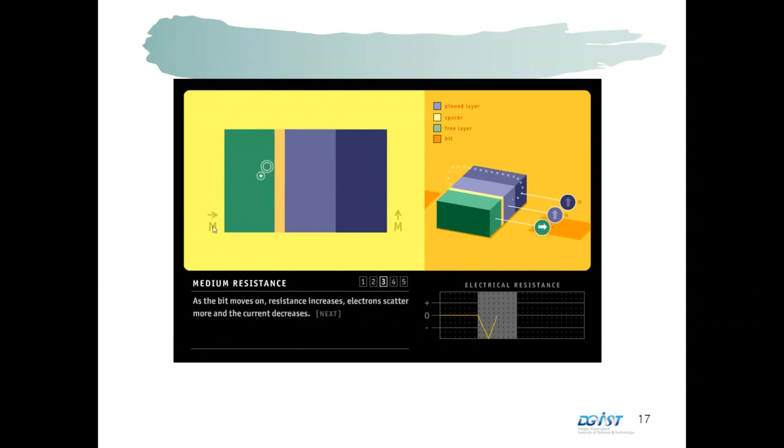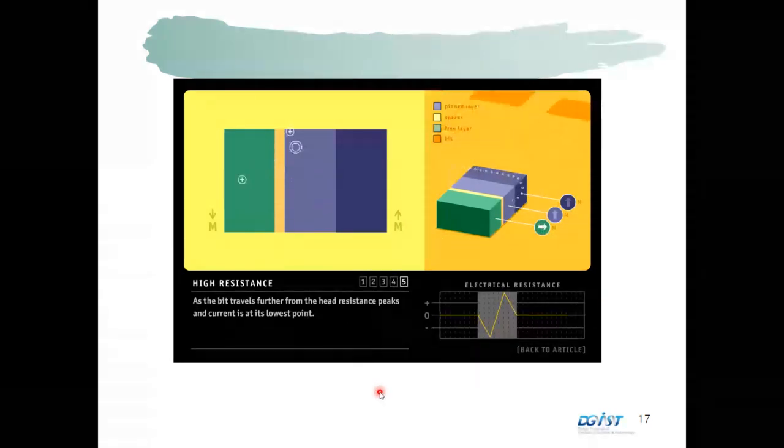But when the magnetization direction is changed a little bit, there is more scattering. And even more when they are anti-parallel. That means the resistance increases. That's a very simple idea.